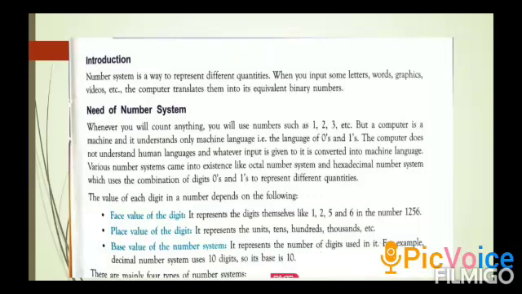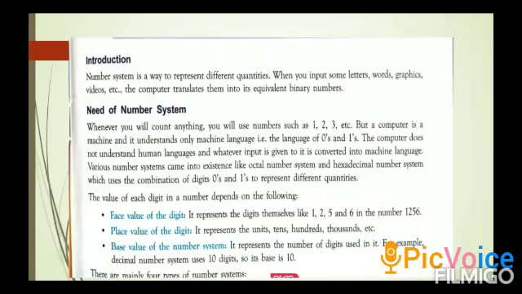Next, place value of the digit. It represents the place value. There are units, tens, hundreds, thousands, etc. Base value of the number system represents the number of digits used in it. For example, decimal number system uses 10 digits, so its base is 10.